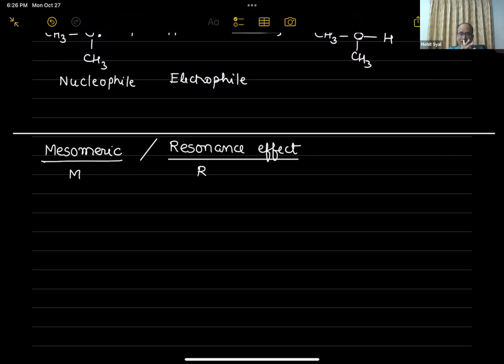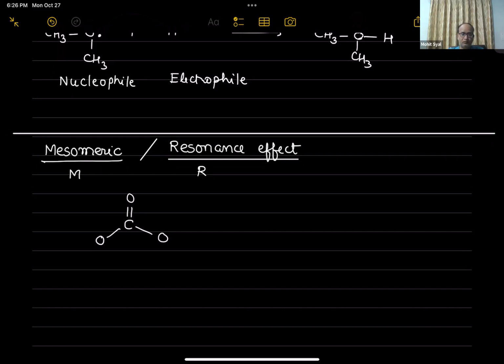Okay, in chemistry it has a very different meaning. In chemistry, actually, it represents the movement of pi electrons and lone pairs within a molecule. So suppose you have a carbonate, you all know, okay?